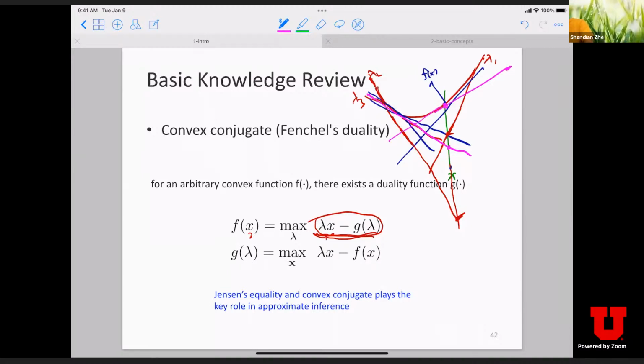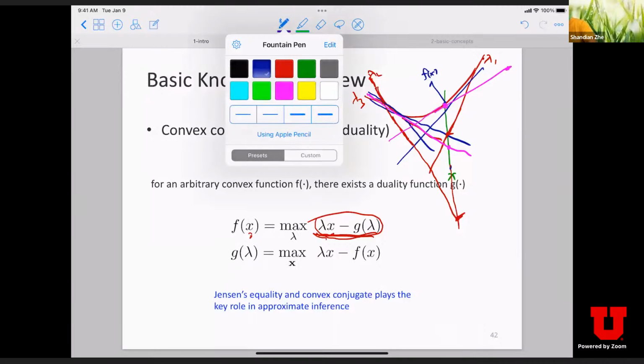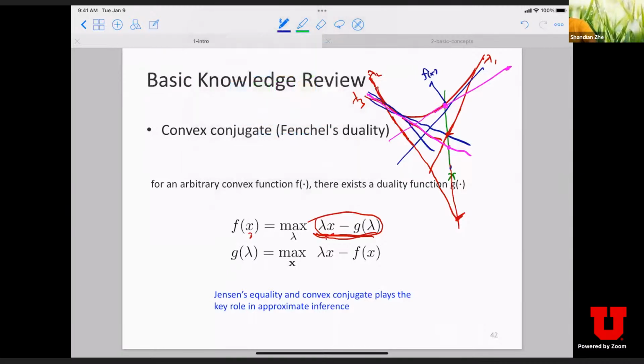If you change the slope, you can increase it or decrease it. Let me draw this convex function more clearly.